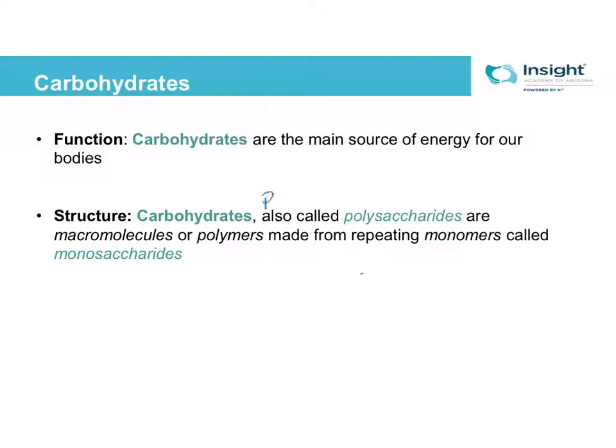All right, and they are made out of repeating monomers, called monosaccharides. All right, so you see those prefixes again. A polysaccharide is a polymer, a monosaccharide is a monomer.